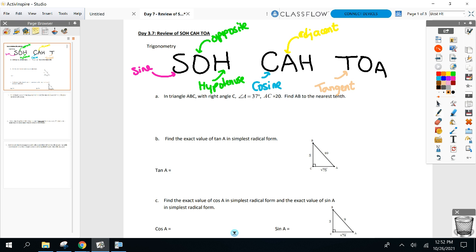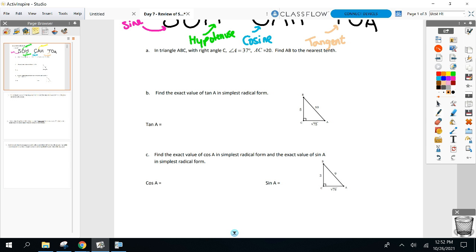There you go. Again, stop me at any time here. This is just a device to remember when to use sine, cosine, and tangent. It's just a device. I'm going to skip to part B first because I want to do parts B and C, then I'll go back to part A.